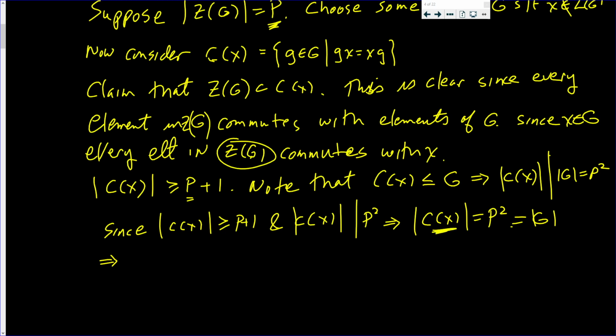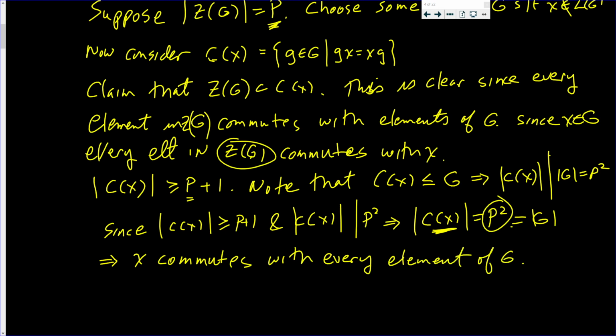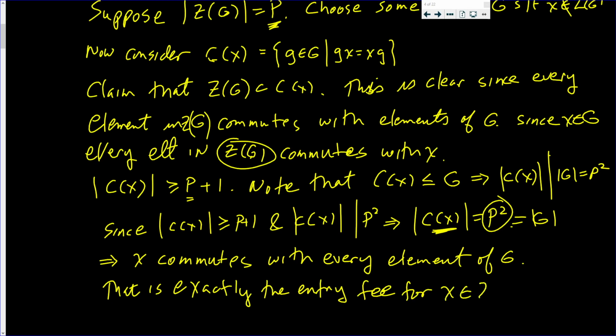That is, C(x) is all of G. Well, I should say x commutes with every element of G. This implies that x commutes with every element of G. That is exactly the entry fee for x to be in the center.